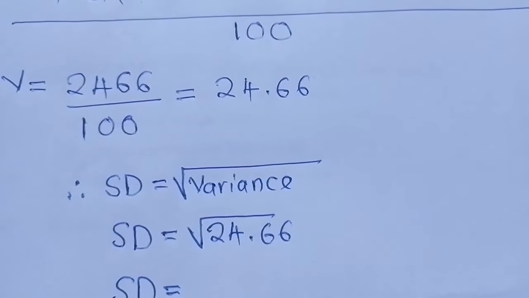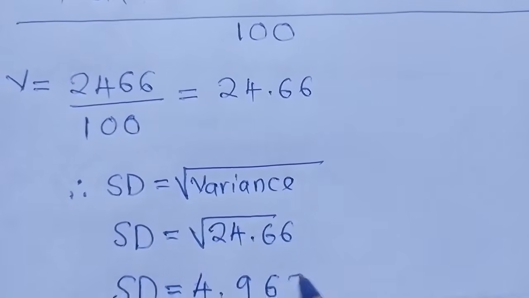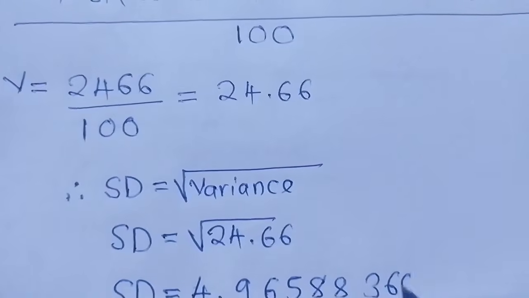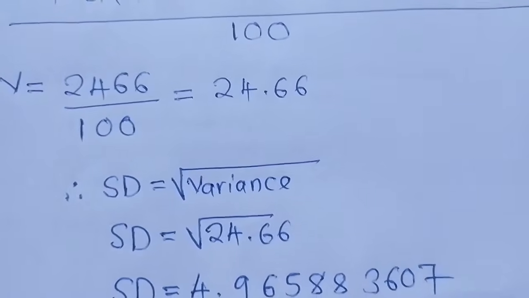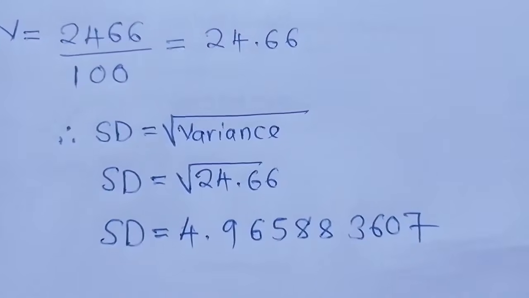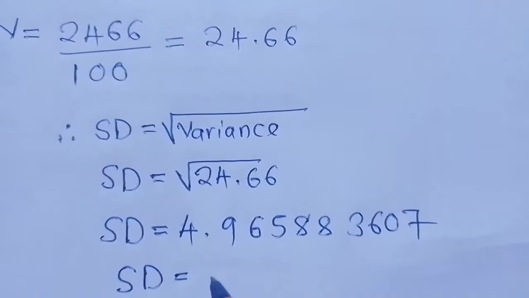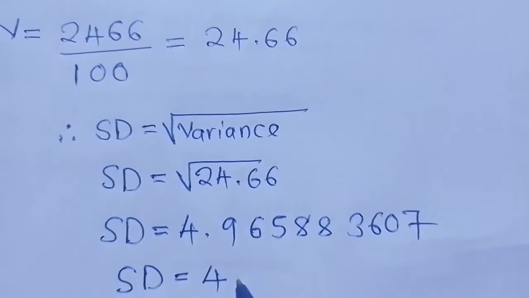It will be 4.965883607. Then you say finally standard deviation is equal to 4.97 to 2 decimal places.